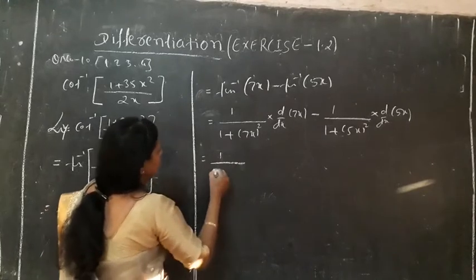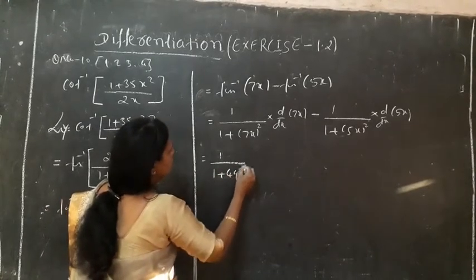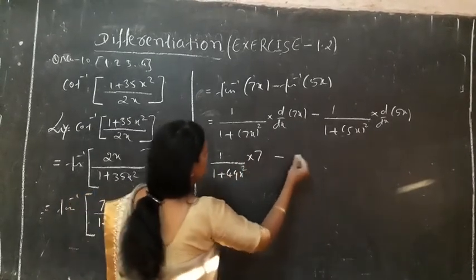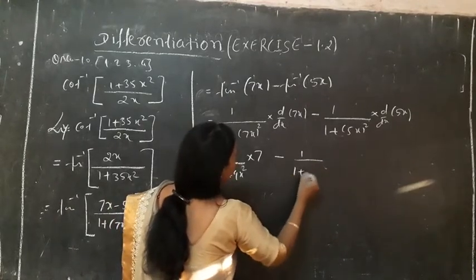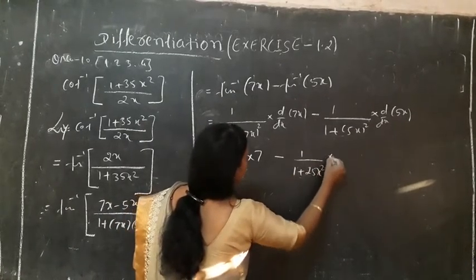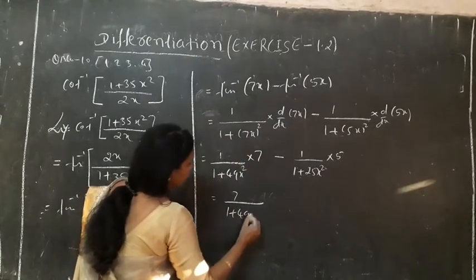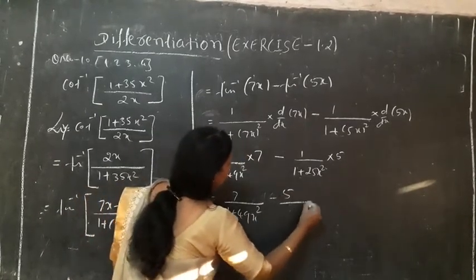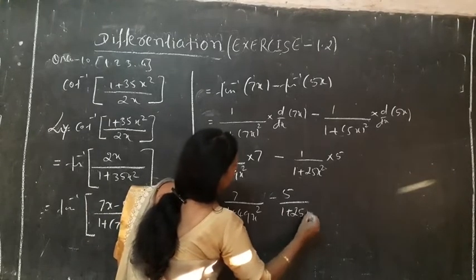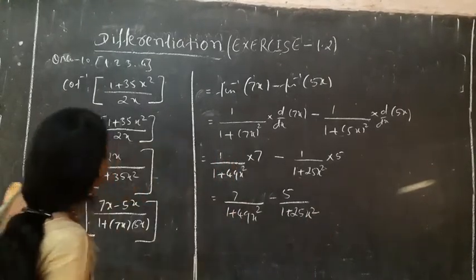So 1 plus 49x square into 7 minus 1 upon 1 plus 25x square into 5. Therefore the answer is 7 upon 1 plus 49x square minus 5 upon 1 plus 25x square. This is the answer. Okay.